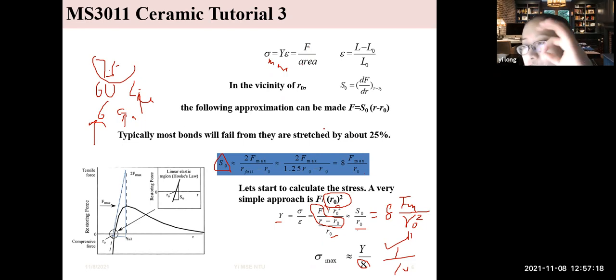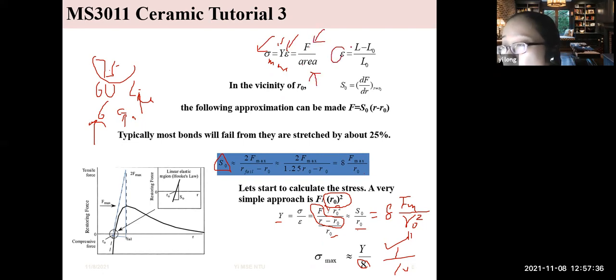Okay, so first of all, as I said, although this one is not required, I just want to help you clarify what you have learned in year 2 or year 1. So don't confuse all these concepts: Young's modulus, stress, which is force over area, and strain, which is L minus L naught over L naught, and what is stiffness? So all these are different.